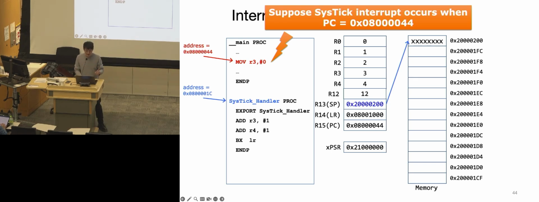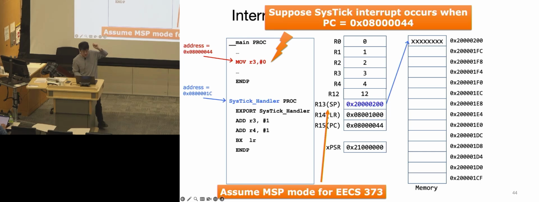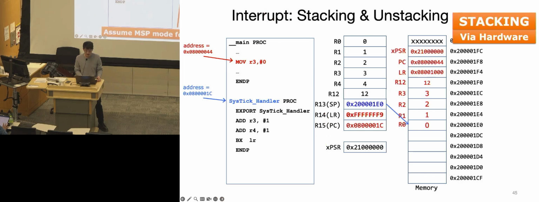It takes very little time. When this happens, the stack pointer currently points to there, and we assume the main stack pointer was used, as in most of our class materials, and it stores everything that's relevant to the stack. You'll notice that the order was done automatically because the stack sorted it out for you.